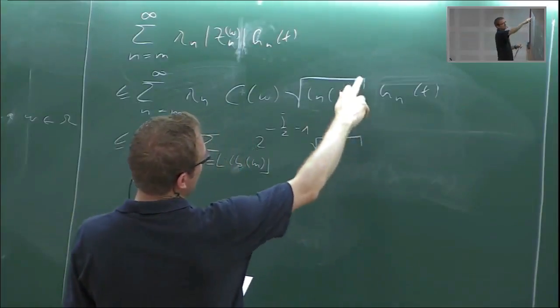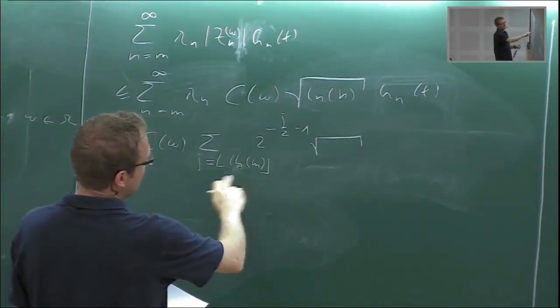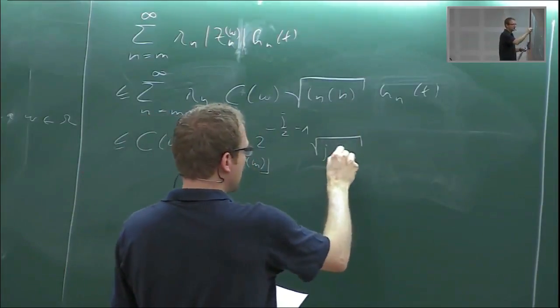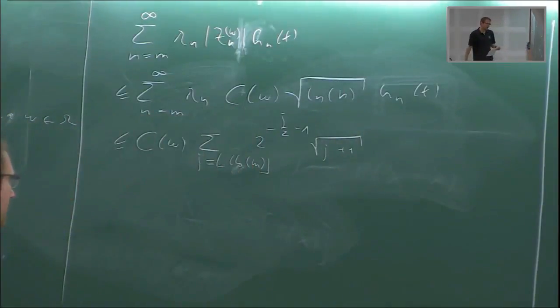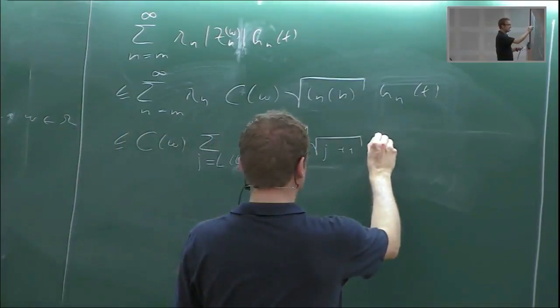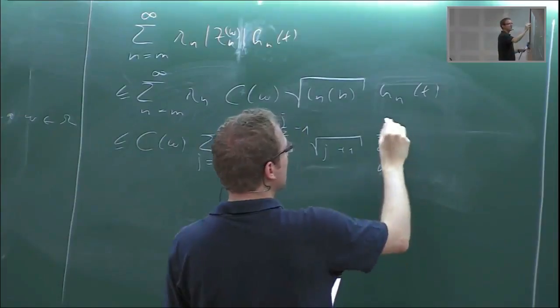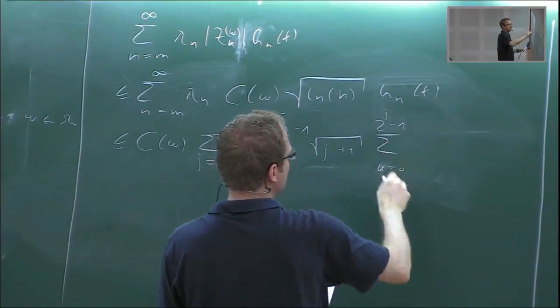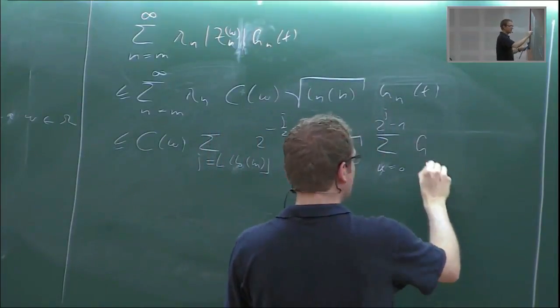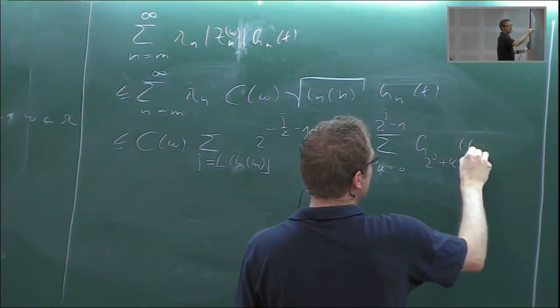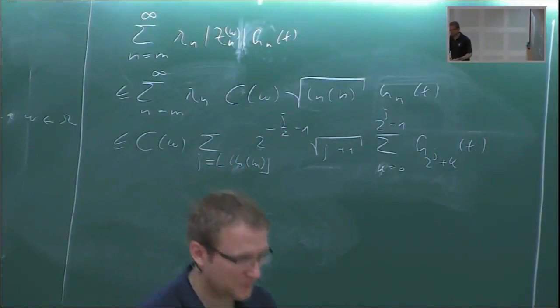So having n here, we can just estimate it by the square root of j plus 1. And then we have the series over the k from 0 till 2 to the j minus 1, g of 2 to the j plus k of t. So, okay, what has happened?